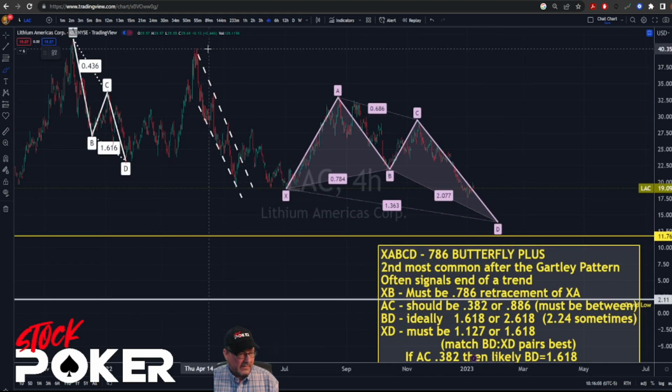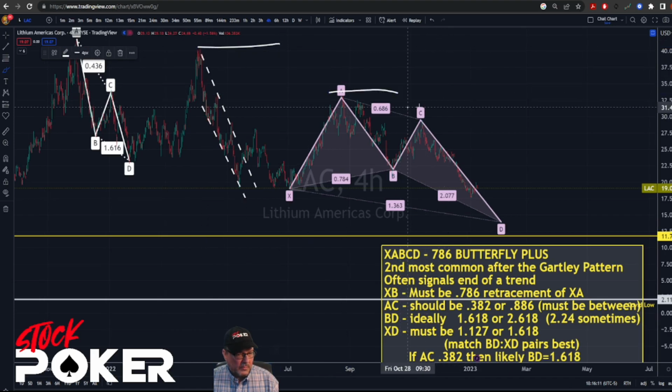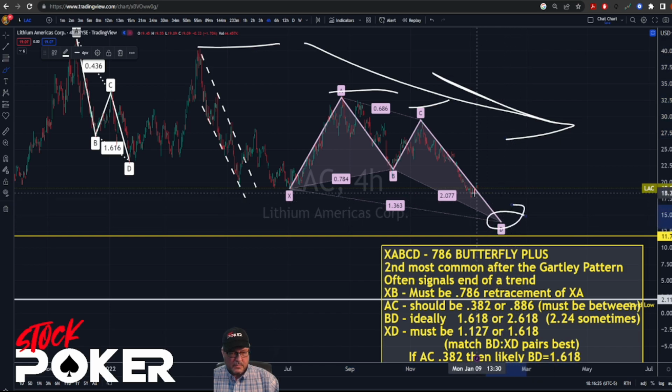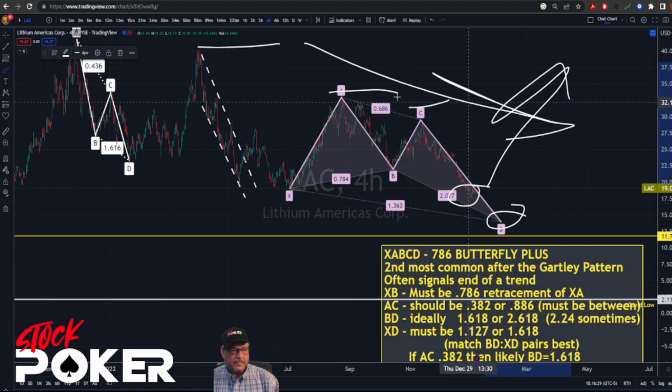Here's the trend. Obviously, we're putting in lower lows, lower highs, and we just kind of came down and tagged. So our trend was to the downside. Now, what a butterfly signals typically is that this is going to be your end point, and then our new trend is going to start up in that direction.